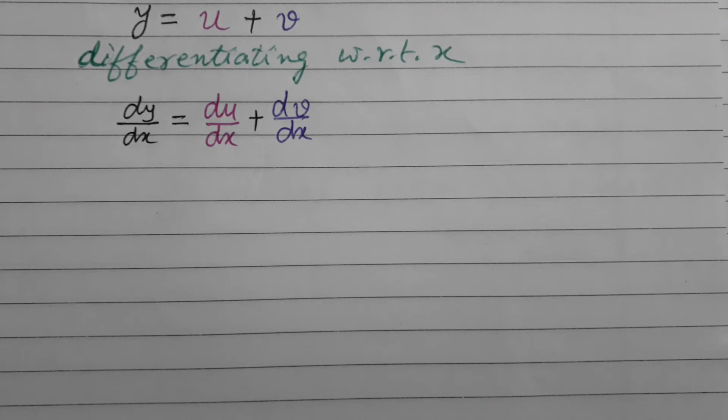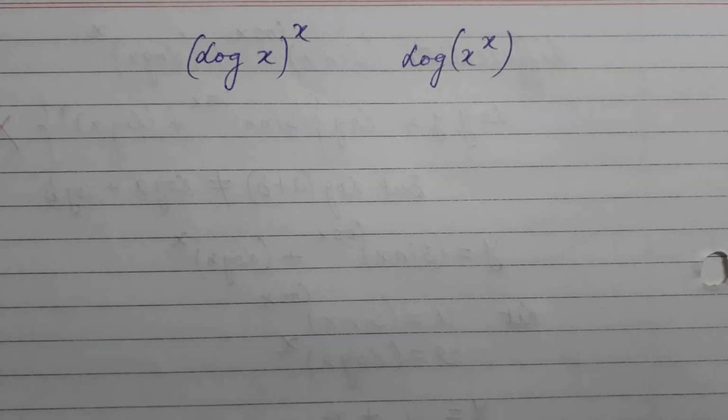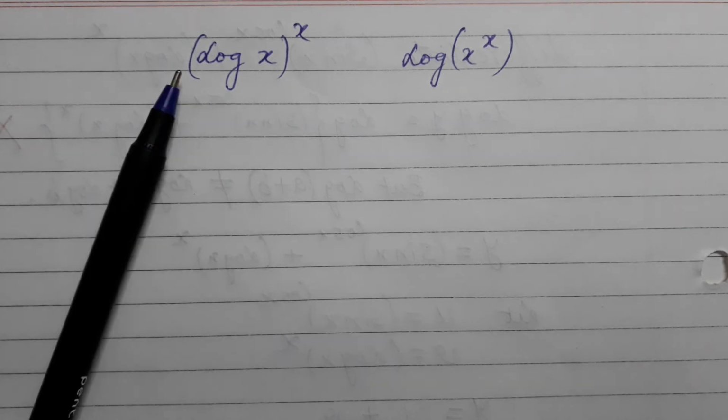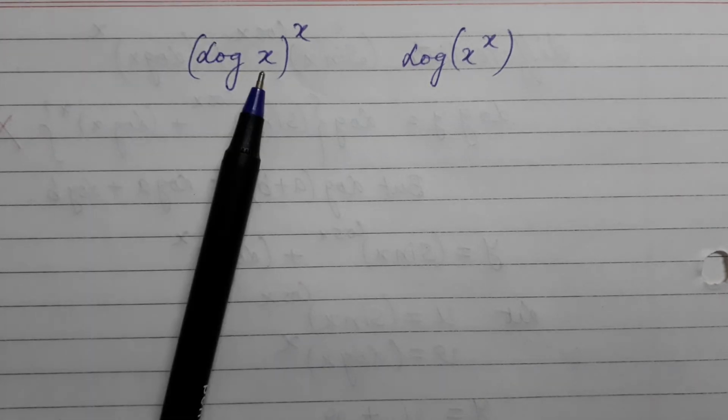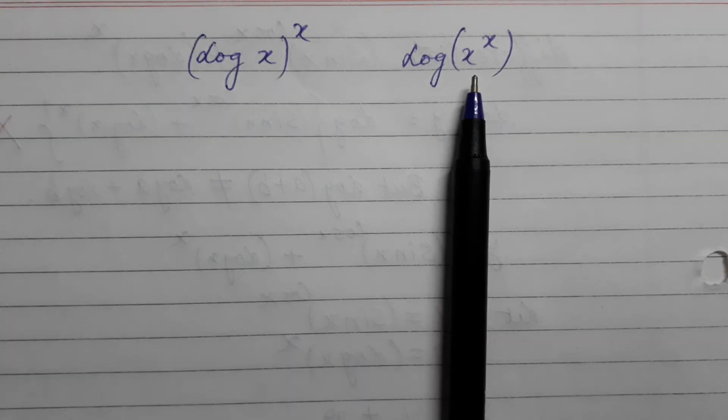Now let us find out the differentiation of v. Here v = (log x)^x. Now don't misunderstand this with log of x^x. Here both the functions are different. Here in this function, this x became log x, then the log x became (log x)^x. But there the x first became x^x, then log is applied on x^x.